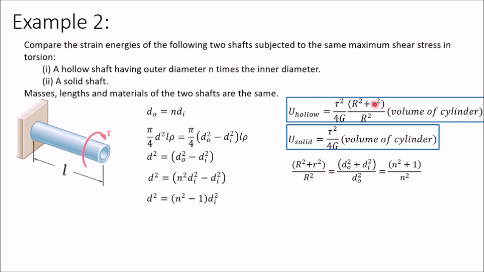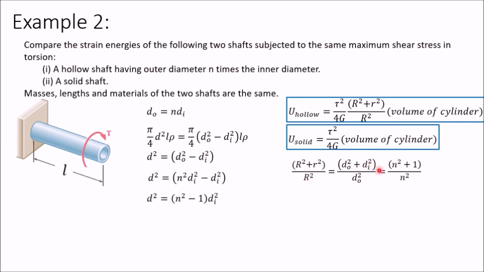And similarly here you need this term, r square plus r square divided by r square, for hollow cylinder. This is outside radius, inside radius, and this is outside radius. So this is ratio, the same relation you will get for diameters also. This is outside diameter square, inside diameter square, and this is outside diameter square.